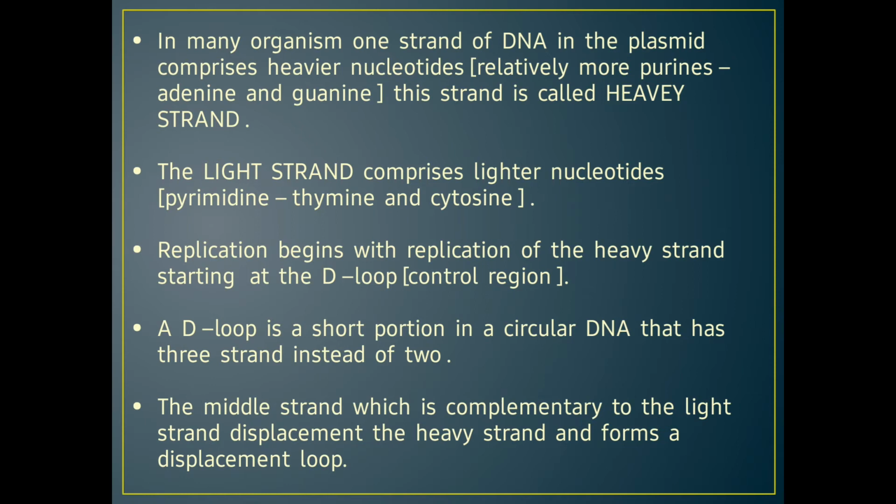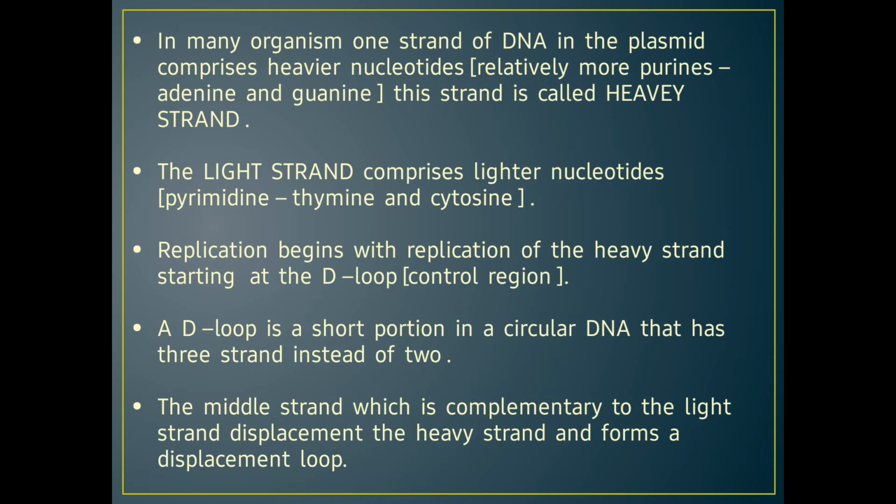In many organisms, one strand of DNA is composed of heavier nucleotides, that is purines, adenine and guanine, and this strand is called the heavy strand. So for this process there are two strands, the heavy strand and the light strand.